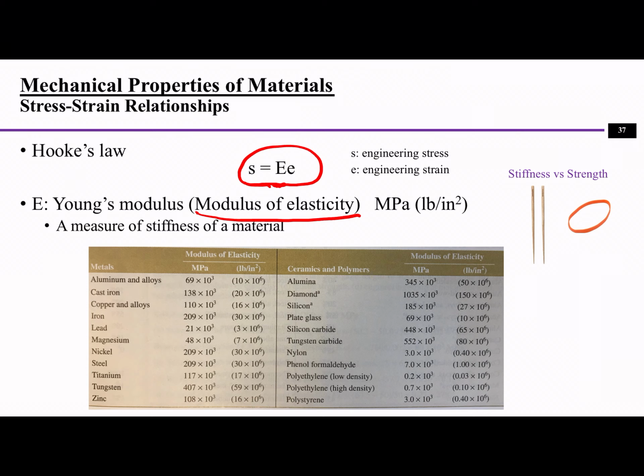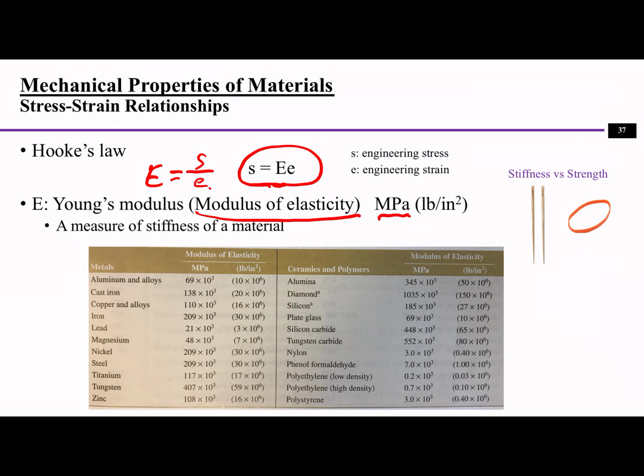So this is Young's modulus. If a material has a higher Young's modulus, it means the material actually has higher stiffness, right? Higher stiffness. Young's modulus equals stress divided by strain.